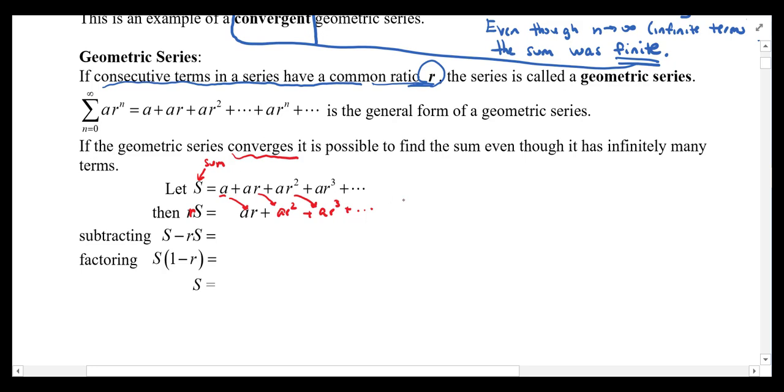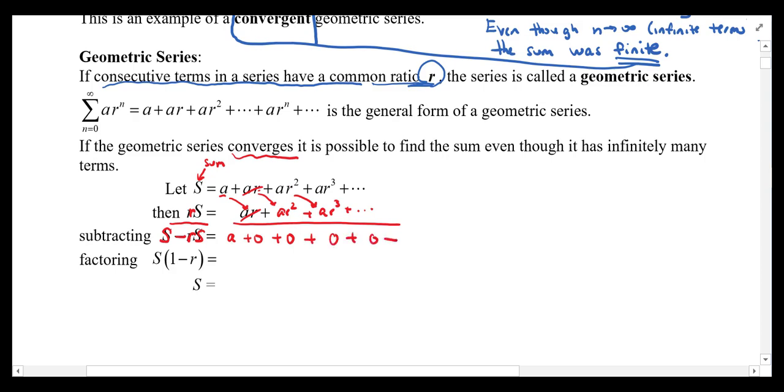Remember, this is an infinite series. This goes forever and ever. So now if I were to take these and subtract, like if I take S minus rS, that's how I get this, S minus rS on the left side of the equal sign. What happens now if I subtract is I get a, but ar minus ar just becomes 0. ar squared minus ar squared becomes 0.